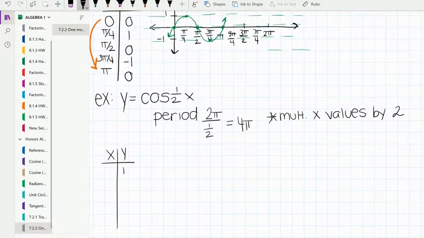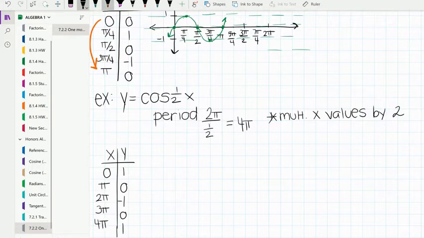So for cosine, it's 1, 0, -1, 0, 1. And then for the x values, we multiply them by 2. So 0 becomes 0, pi over 2 becomes pi, pi becomes 2 pi, 3 pi over 2 becomes 3 pi, and 2 pi becomes 4 pi.